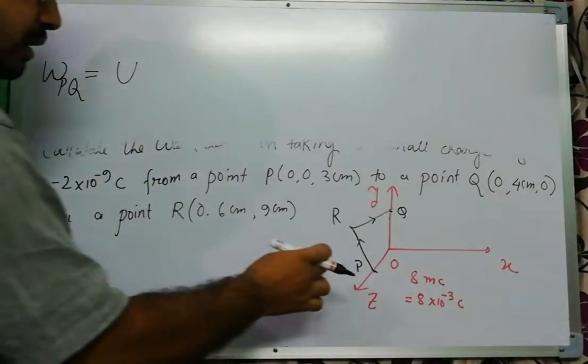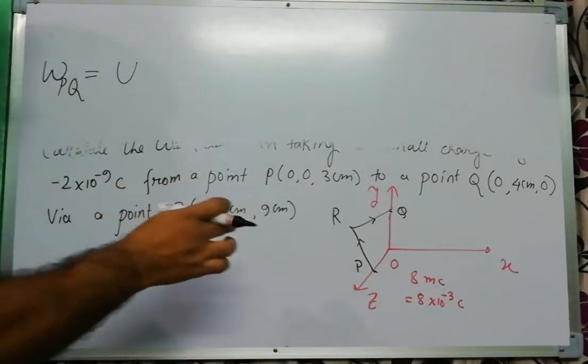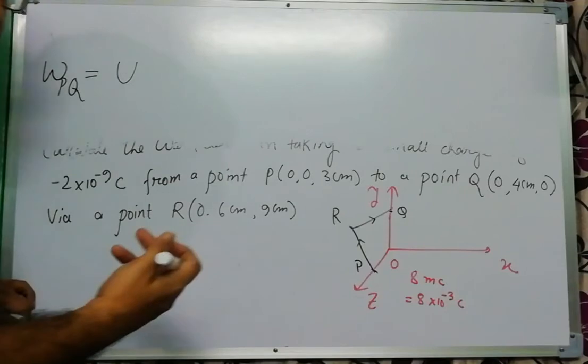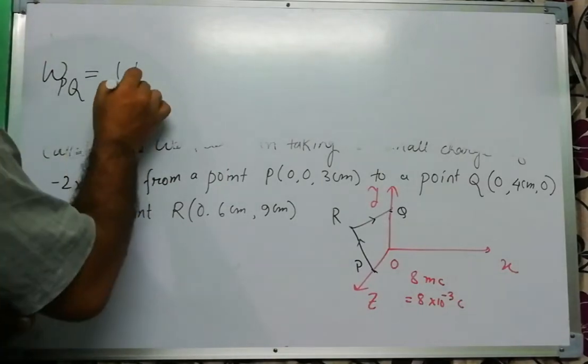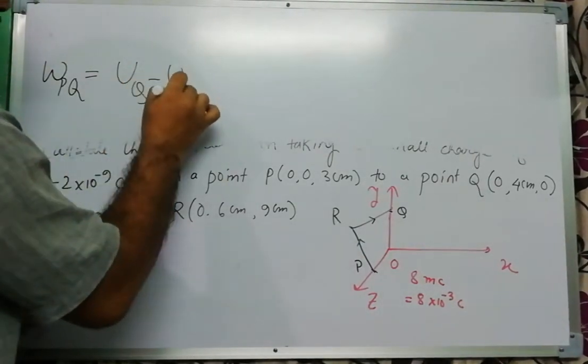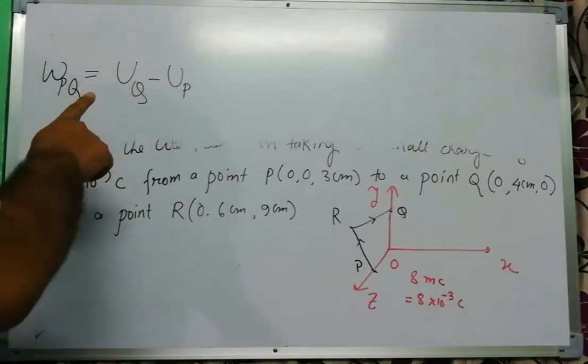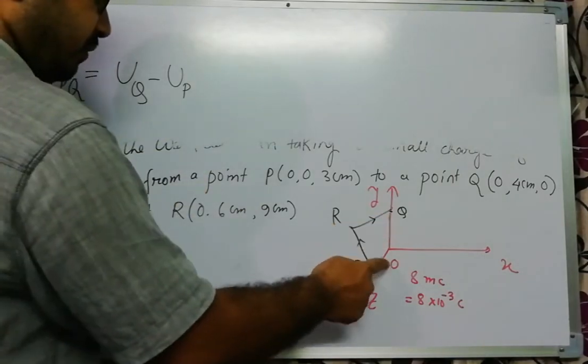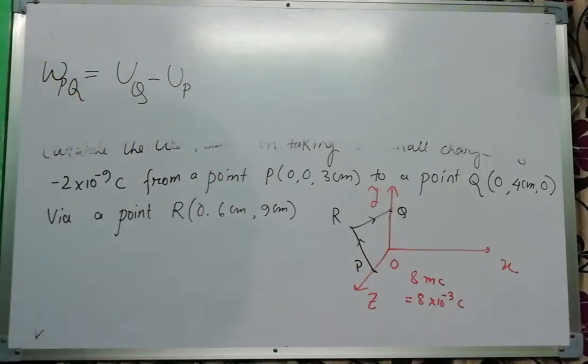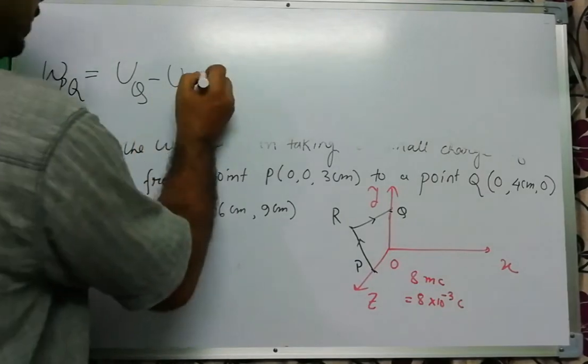It is moving from point P to Q, so point P is the initial and Q is the final. So potential at Q minus potential at P. This is the formula we need to use. So we need to find the potential at point Q, and we need to find the potential at point P. So what is the potential at point Q?